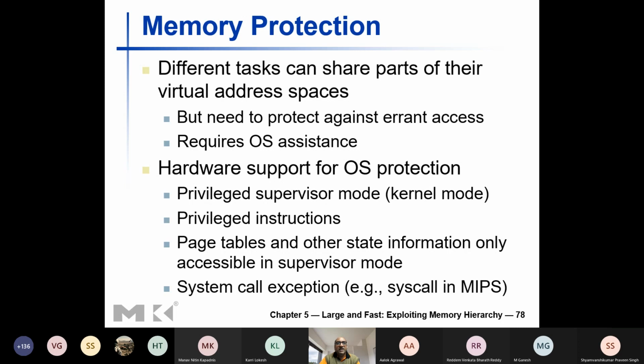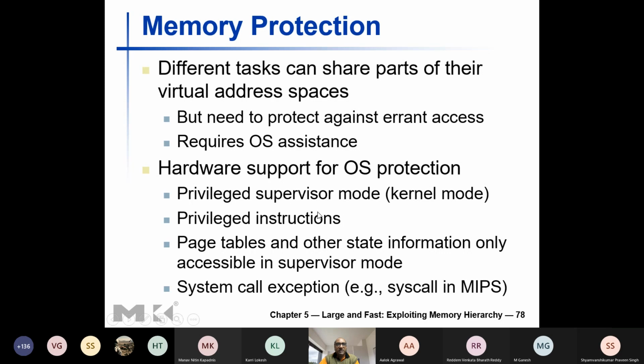So when you perform multi-programming and allocate space, memory protection is needed because the memory supports multiple processes. Each process has to be protected from other processes writing or reading its contents, right? So it requires OS assistance.